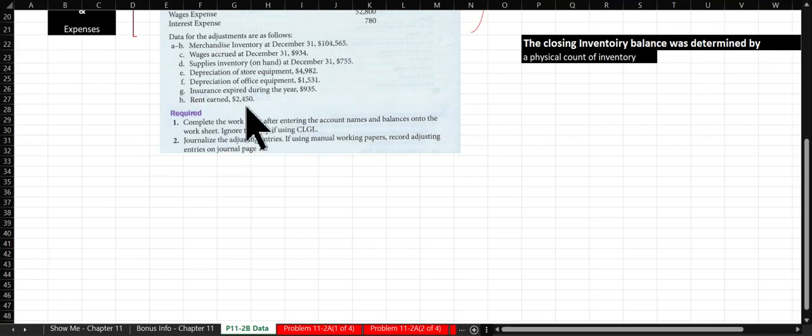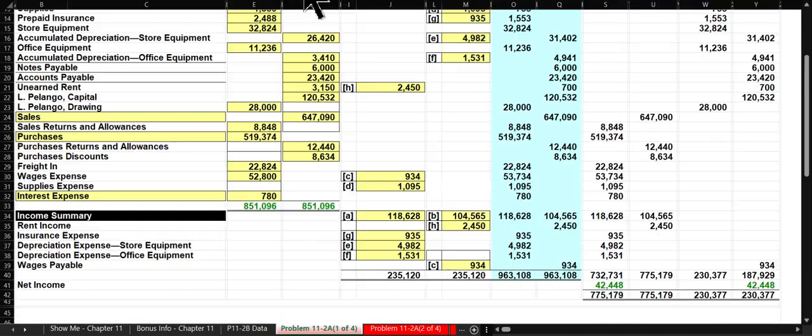Let's take a look at the worksheet to see what numbers are there. It's saying that whatever that total is, we have earned $2,450. Here, this is unearned rent. Please note, this is not rent expense.